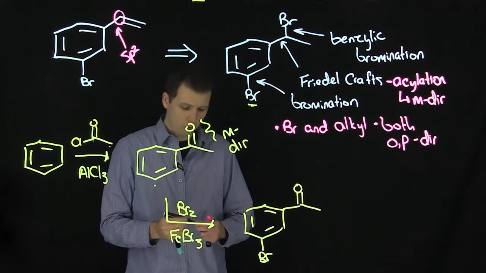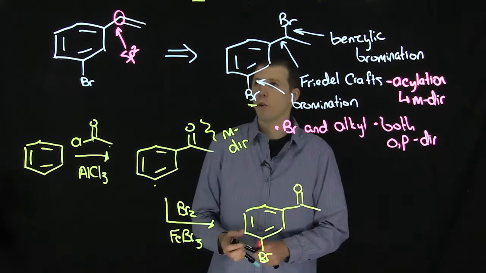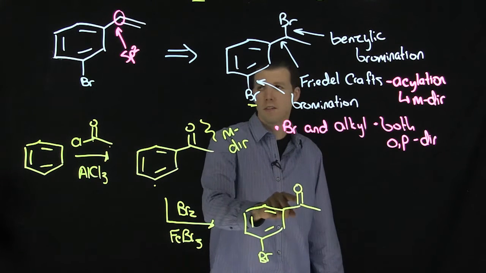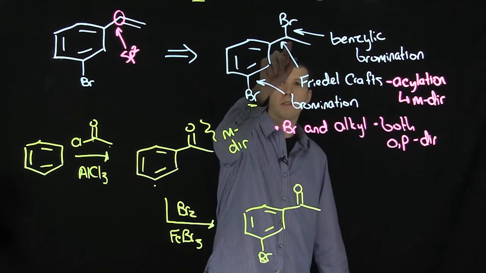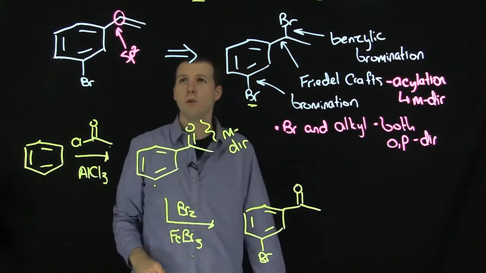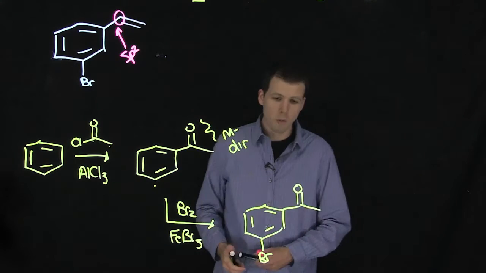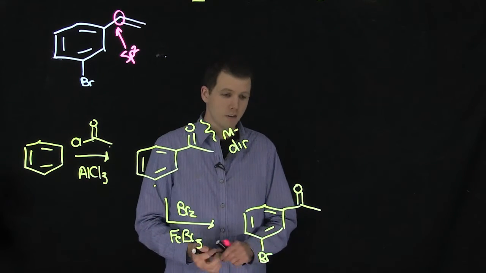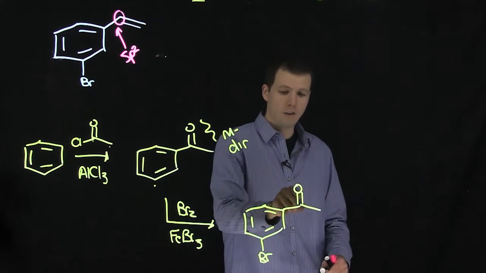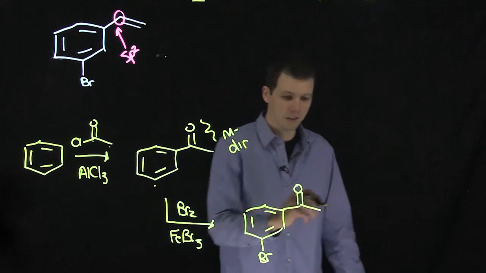Okay, so now we're left with this acyl group, and we need to do some transformations to get this converted to this benzylic bromide and then to the alkene. So in order to put the bromine at this position, we need an alkyl group. So the first thing I'm going to do here is reduce this carbonyl down to a CH2 group.